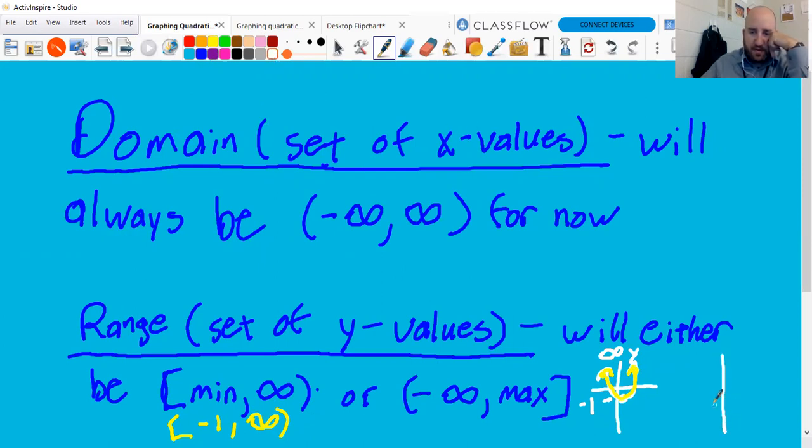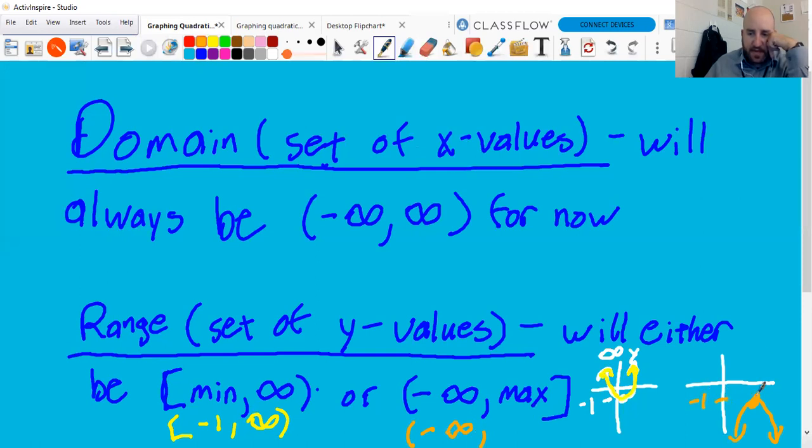If I flipped it, I'll kind of move it out from the axis a little bit so we can see it a little better, and I'm going to change colors here. All right. So there's my vertex. Both ends are going down, so both ends are going down to negative infinity. The highest Y value, again, we'll say that this is negative 1.